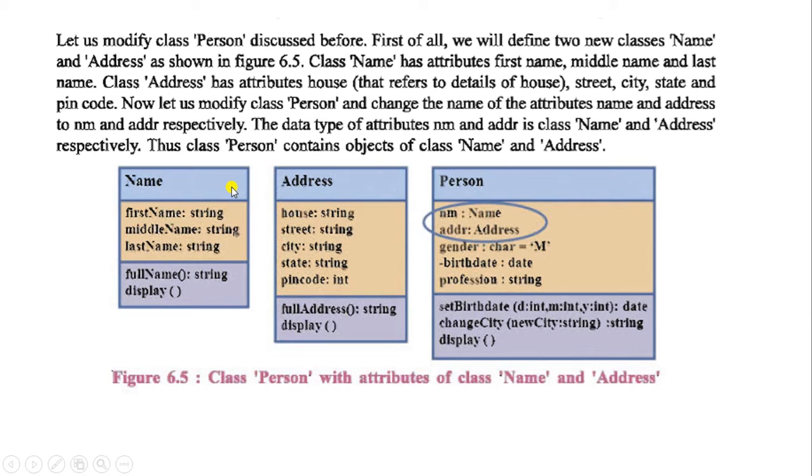Thus class person contains objects of class name and address. So if we mention name and address in the person class, that means whatever attributes are in the name class and the address class are part of the person class.